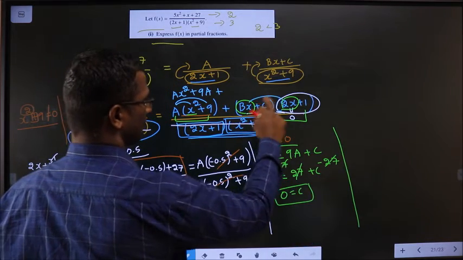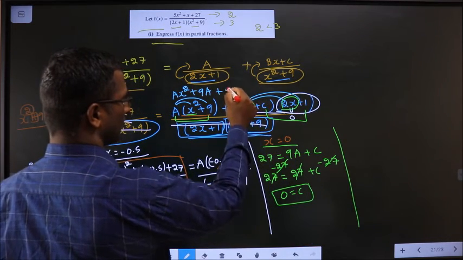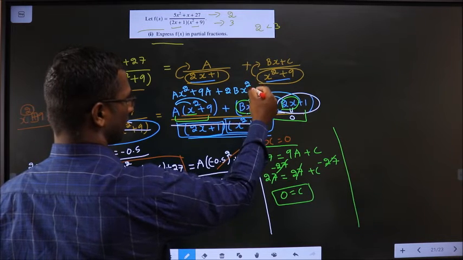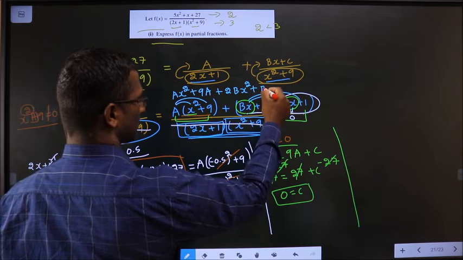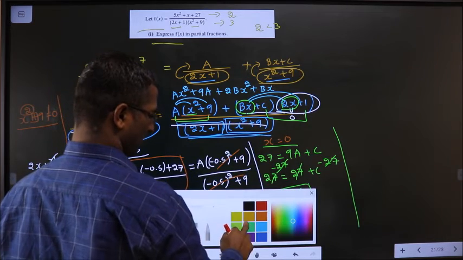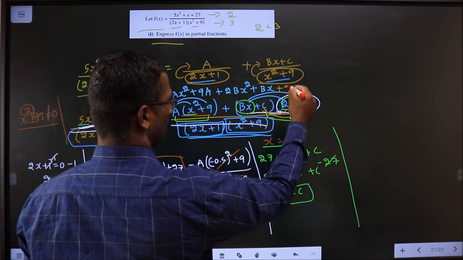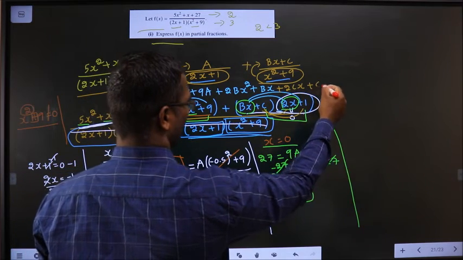Here also the same thing. Open up. What do you get? 2b x square plus bx. Next with c. So you get 2cx plus c.